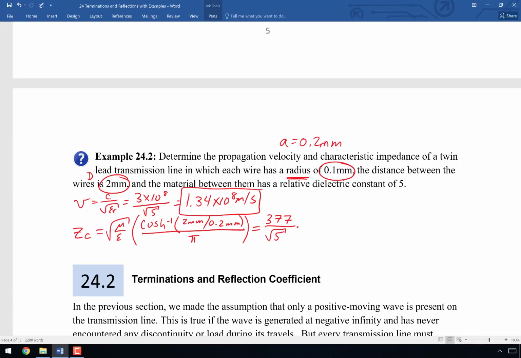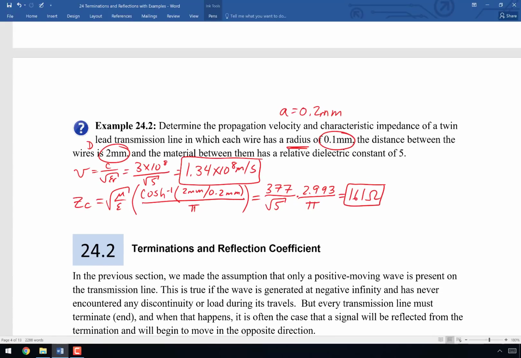And then I did the inverse hyperbolic cosine on my calculator. I got 2.993 divided by pi, and I got 161 ohms. So we can now pretty quickly and pretty easily calculate velocity and characteristic impedance for any transmission line if we're given the physical characteristics of the line.